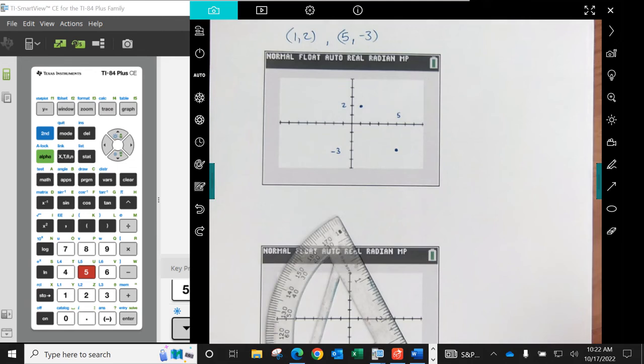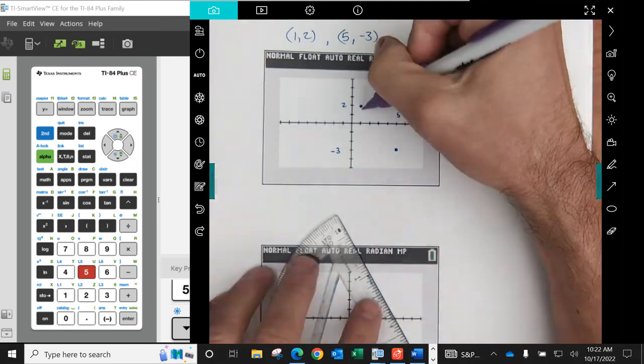Now you already know how to do this because we can just draw a little right triangle right here.